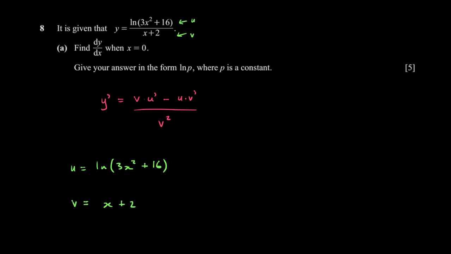Let's differentiate both of those. For u prime, differentiating ln, the argument of the ln goes on the denominator, so 3x squared plus 16. Then we differentiate that term, which gives us 6x, and we stick it on the numerator. And v prime: if we differentiate x plus 2, we get 1.